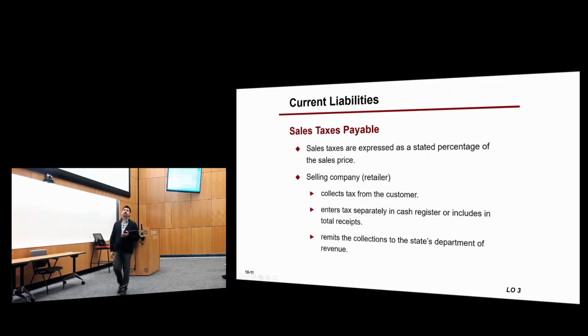Now we get to sales taxes payable. Sales taxes payable are what you pay when you go, for example, to Best Buy, and they tell you that the price of this laptop is $500, but when you actually pay, it will be $500 plus tax.